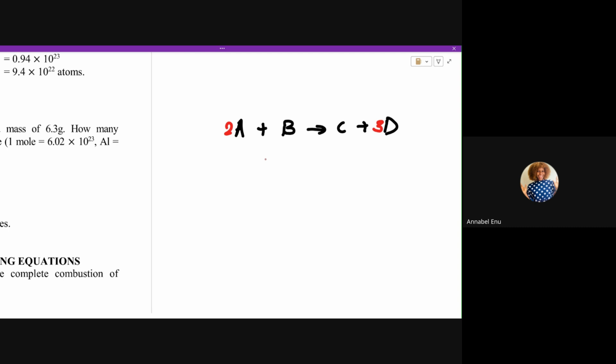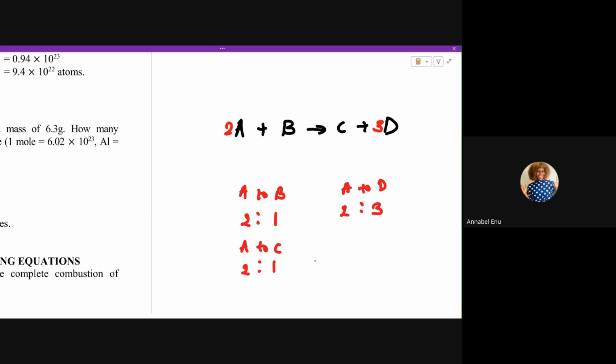All right. So this implies that the ratio of A to B is 2 to 1. It implies that the ratio of A to C is 2 to 1 as well. The ratio of A to D is 2 to 3. So that's what ratio is.